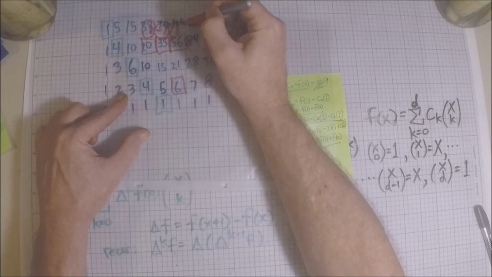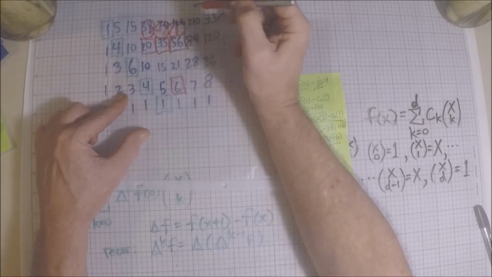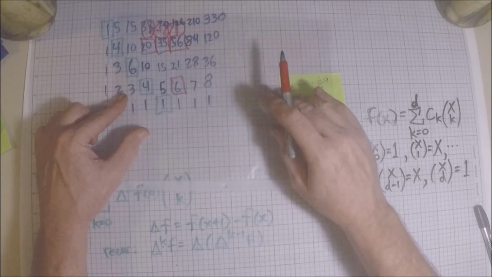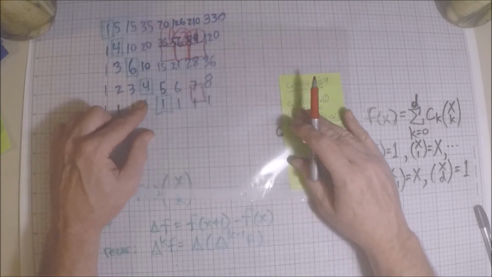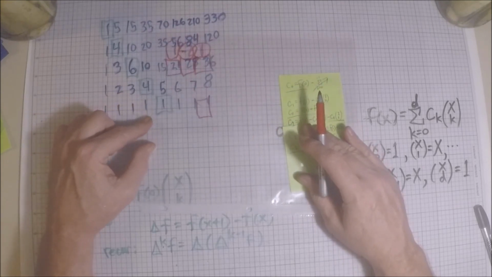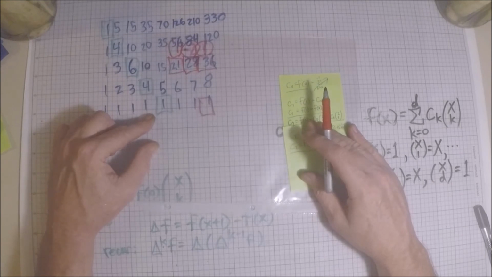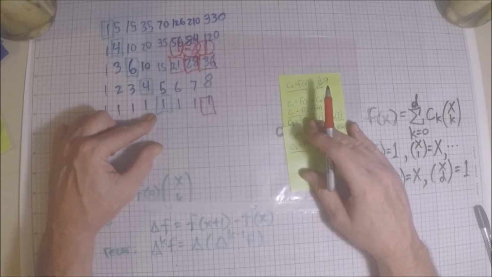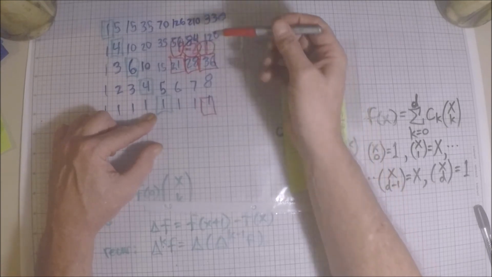It's all relative no matter where you place this overlay. Let's look at 21, 28, 36. 21 minus 2 times 28 is negative 35, plus 1 times 36 gives us a positive 1.